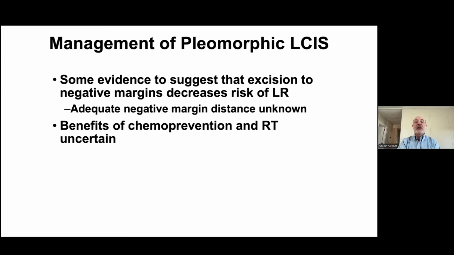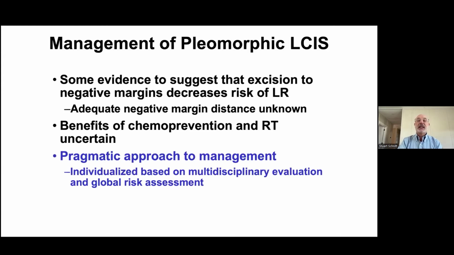Furthermore, the benefits of chemoprevention or radiation therapy in treating these patients is uncertain. And what Dr. King likes to say is that in the B-PREP clinic and in other areas where patients with these lesions are seen, they take a pragmatic approach to management and do individualized management based on multidisciplinary evaluation and global risk assessment.